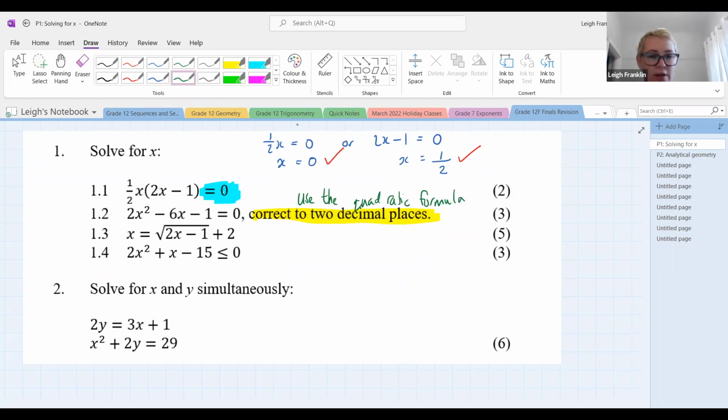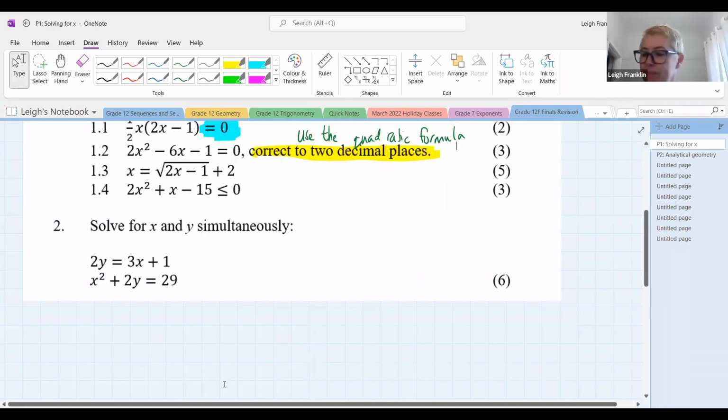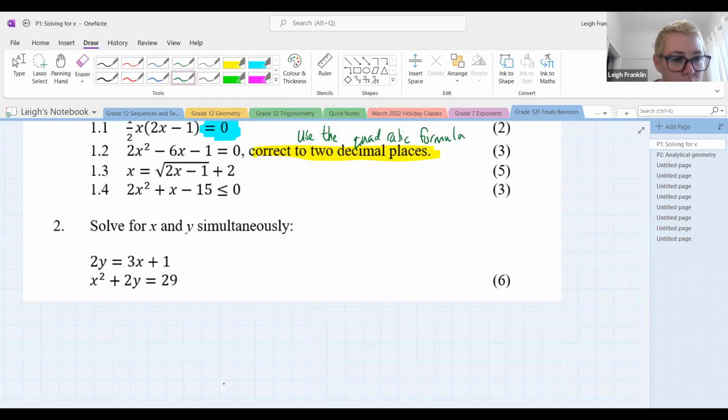All right, so straight away, I know that I have to use, I'm just going to make a little bit of space down here. So in 1.2, I've got to use the formula x equals negative b plus or minus root b squared minus 4ac over 2a. What is the rule with me using that particular formula? Do I have to write the formula down?